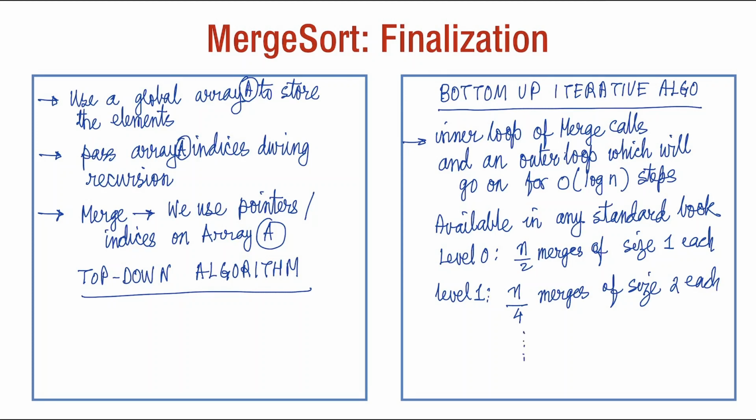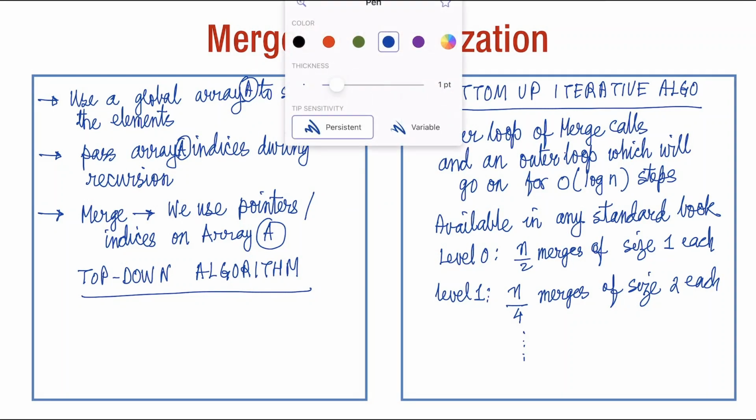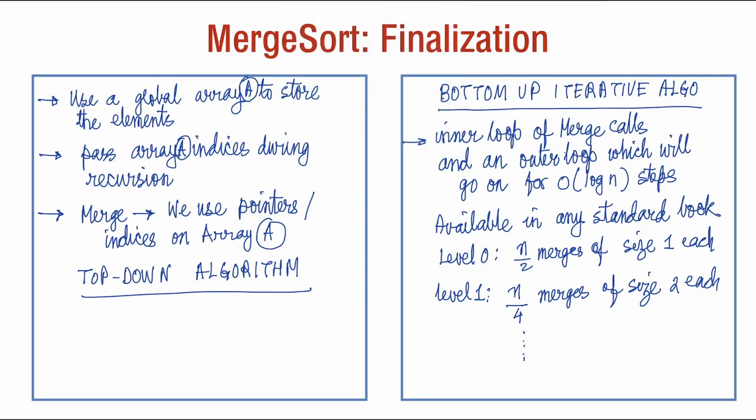So you can see that in every level, the total merge complexity will be order n, and we are going to go up to log n levels. So it will go right up to a level of order log n.